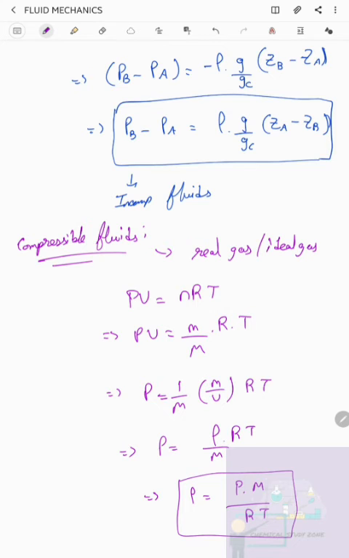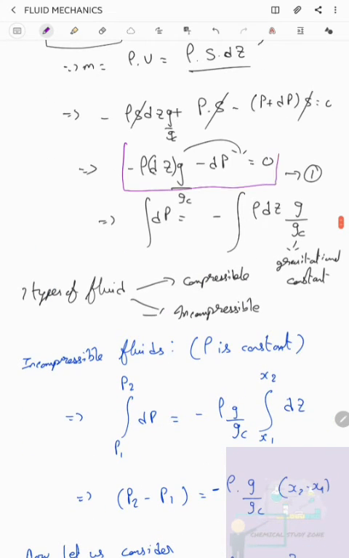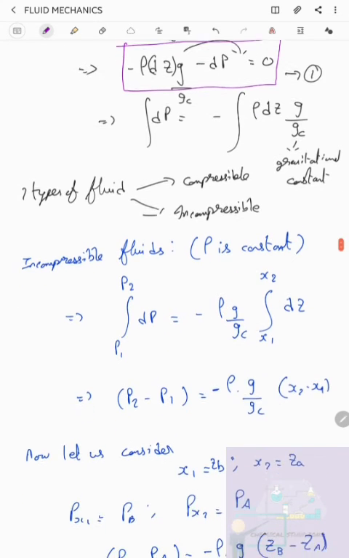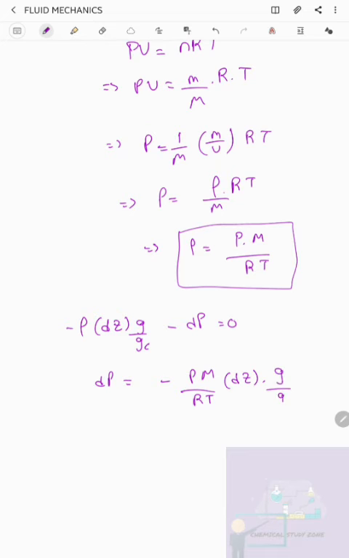Now substitute this density value in equation 1 we have got, which is minus rho into dz into g by gc minus dp equals 0. Substitute this value over here and we will get dp equals minus pm by RT into dz into g by gc.